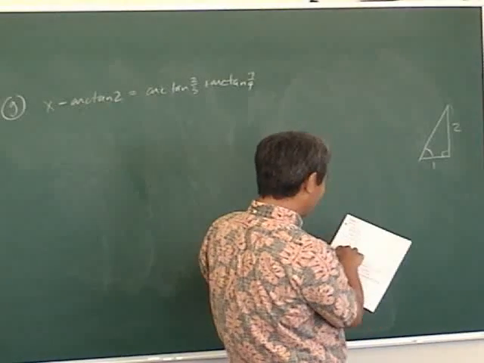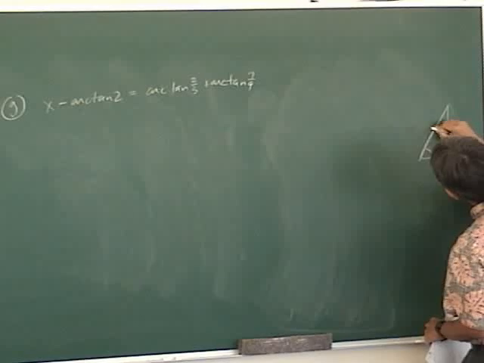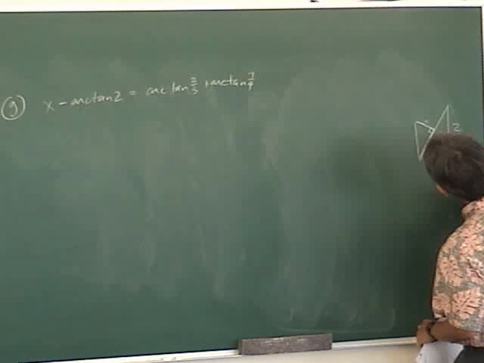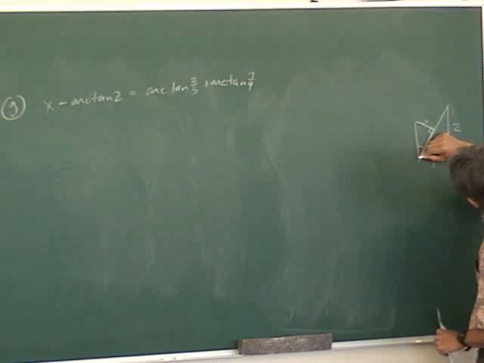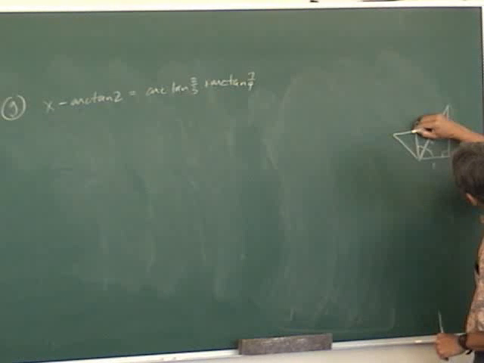And now we're going to add to that arc tangent 2/3. So 1, 2, 3, 1, 2. See, if you make the ratio 2 to 3, then isn't that angle arc tangent 2/3? Opposite over adjacent. And then we have to add to that arc tangent 7/9. So if this is 9, 7 would be a little bit smaller than that, so about like that.